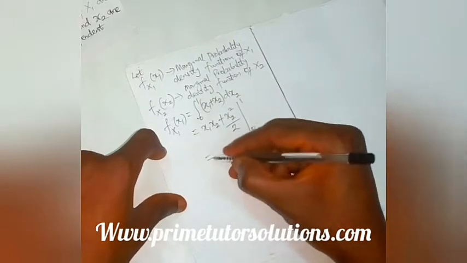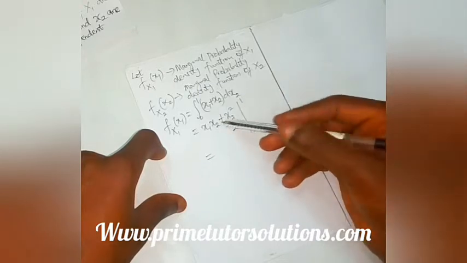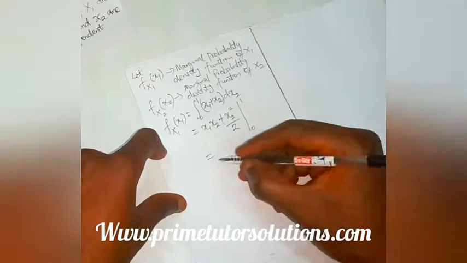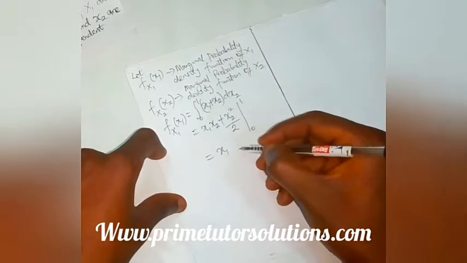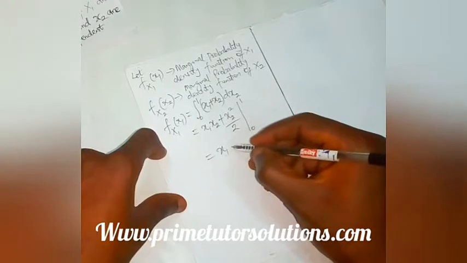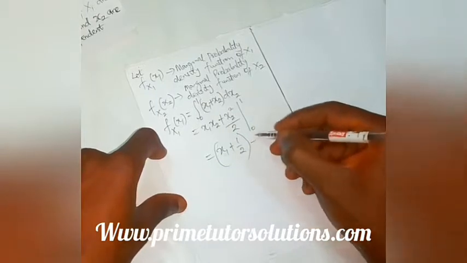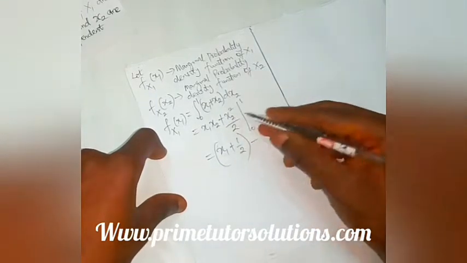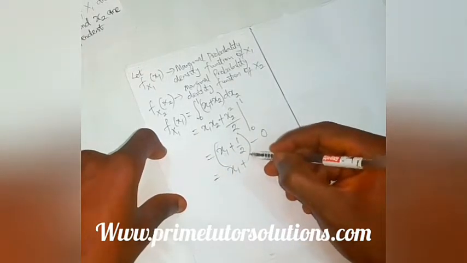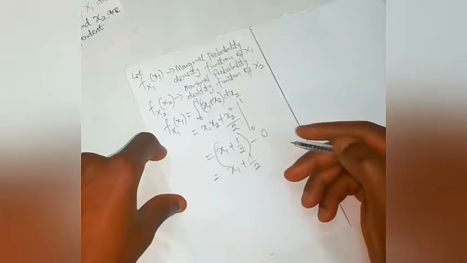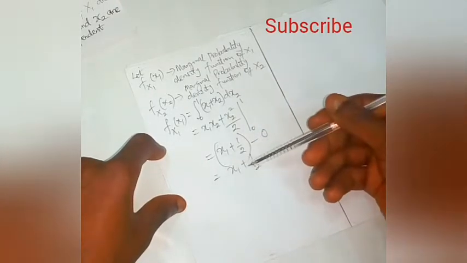If you input 0 and 1 into x2, for the first one you have x1 plus 1 over 2, minus, when you put 0 here, it will give you 0. So the marginal probability density function of x1 is given as x1 plus 1 over 2.